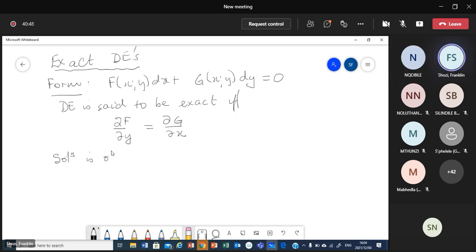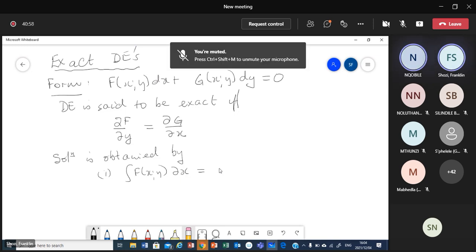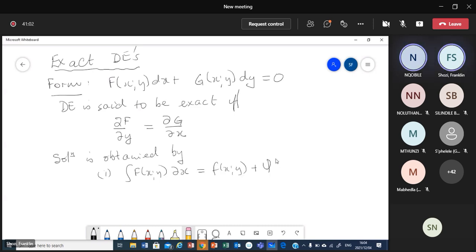by solving one: the partial integral of f(x,y) partially with respect to x, and we will get some function F(x,y) as psi of what? Of y. Remember, psi and phi.